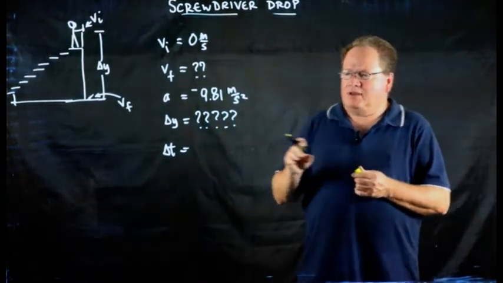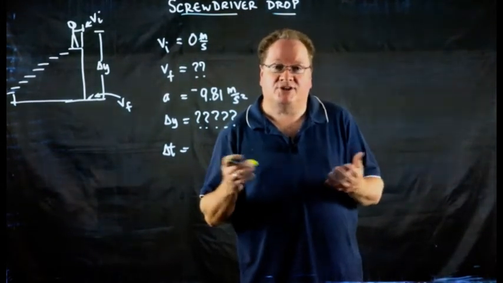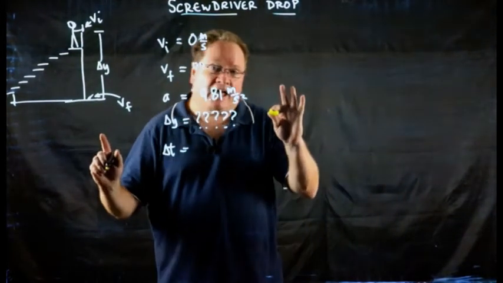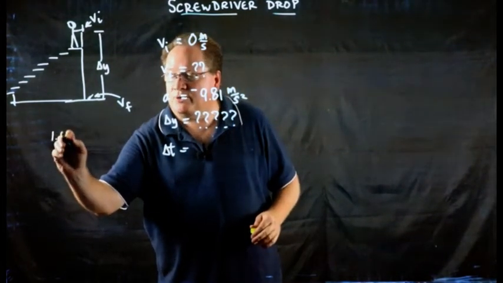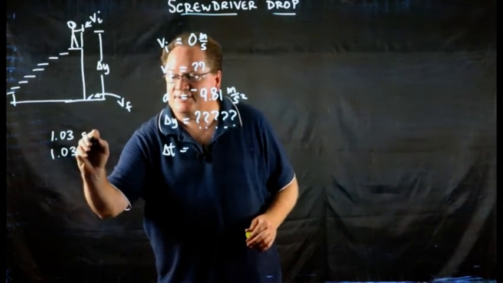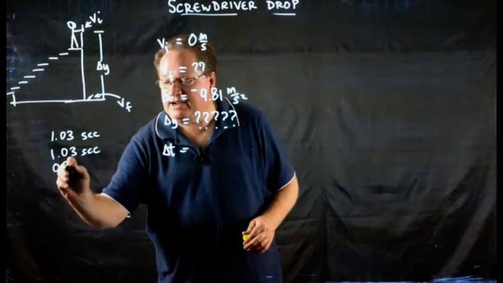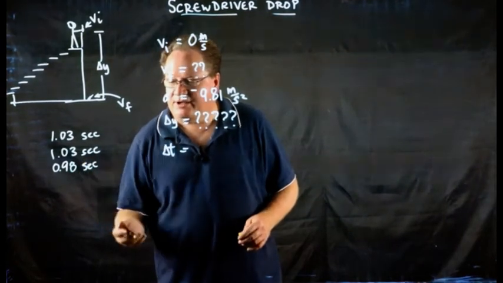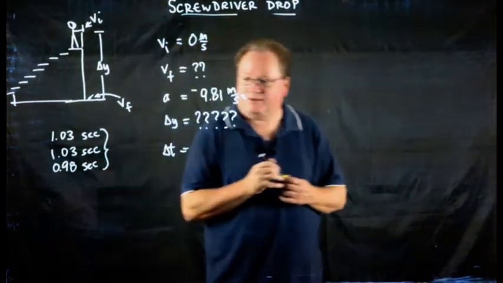How about delta t? Did I know what delta t was? Well, I had my stopwatch on my cell phone out. That's what we were measuring. The 3 trials that we did, we're going to average those. I had one that was 1.03, a second one that was 1.03, and on the third one 0.98 seconds.